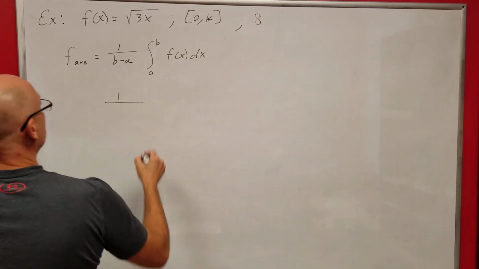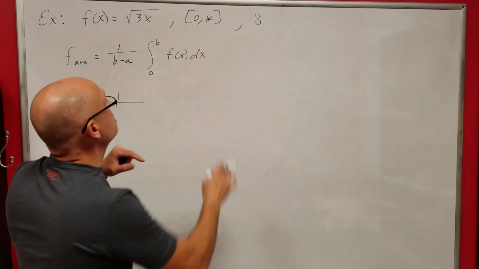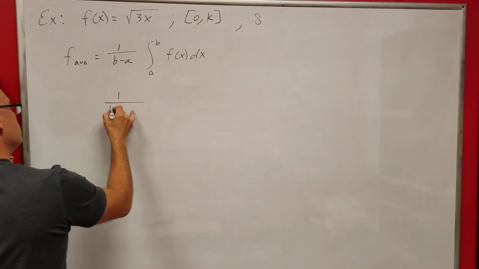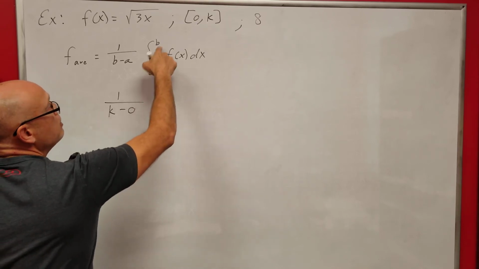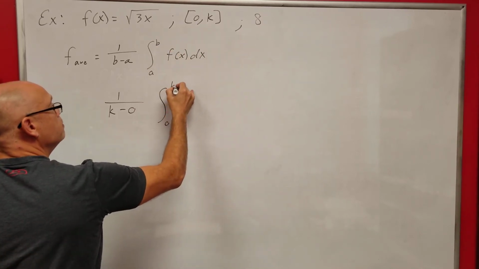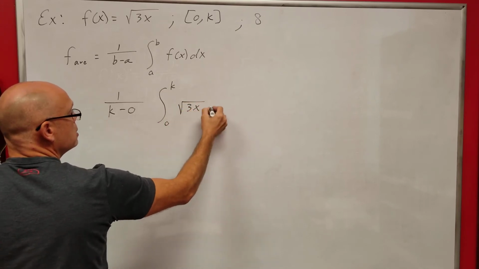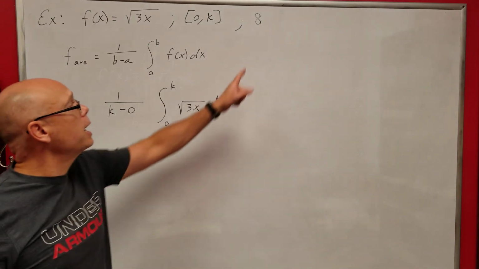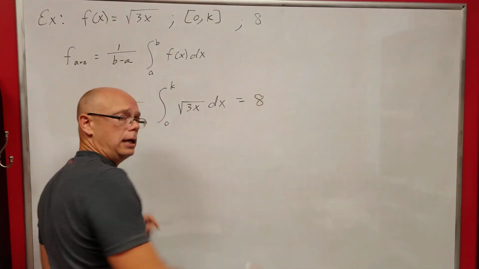So we have 1 over b minus a, which is k minus 0 in this case, times the integral from 0 to k of f of x, which is the square root of 3x. So that's my average value, right? They want me to find k such that my average value is 8. So this average value needs to calculate to 8.